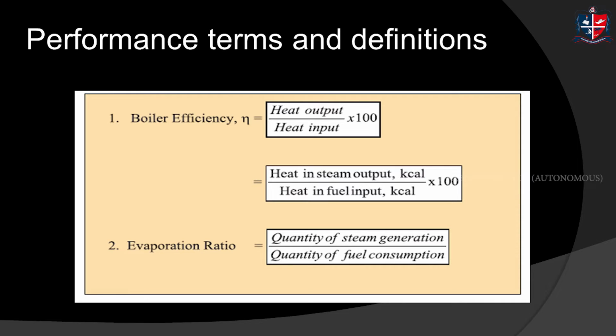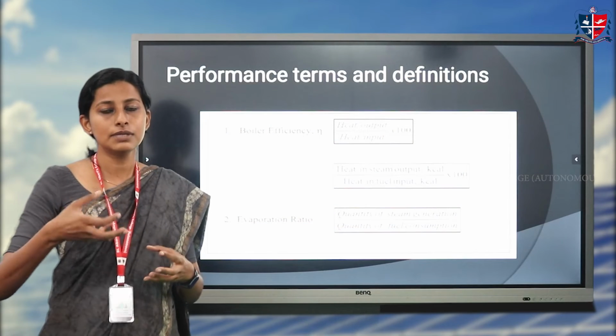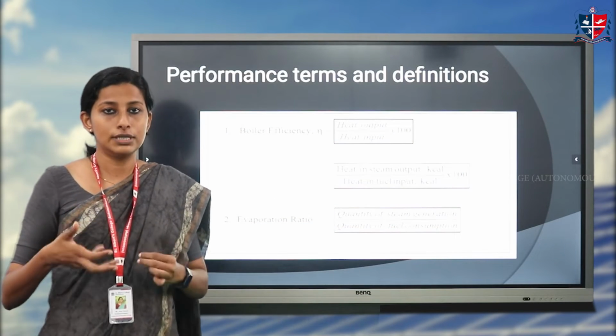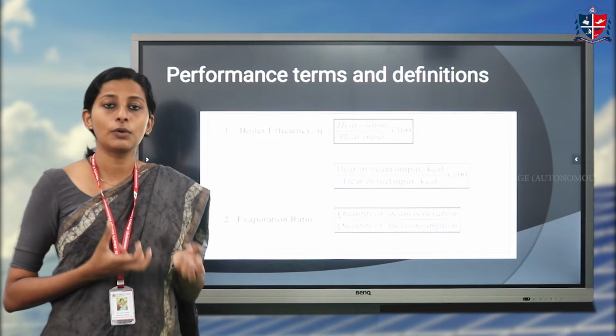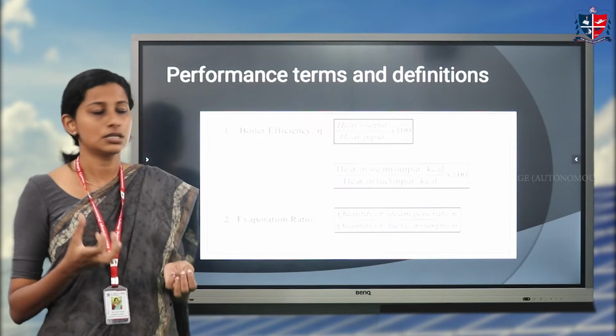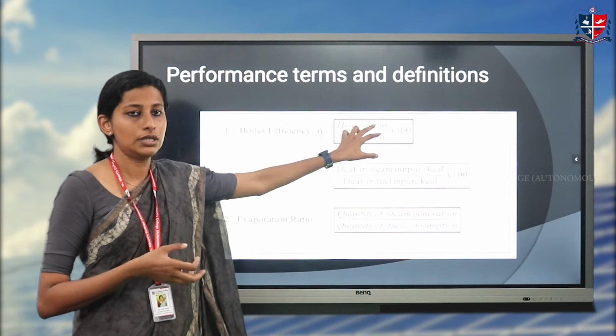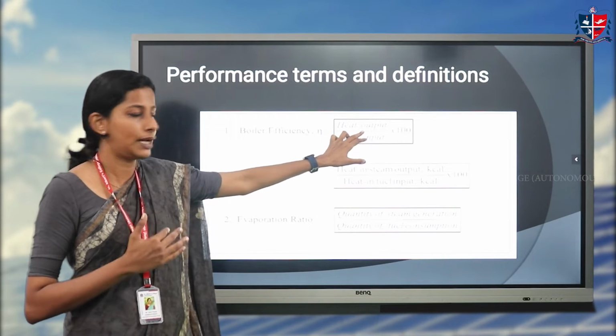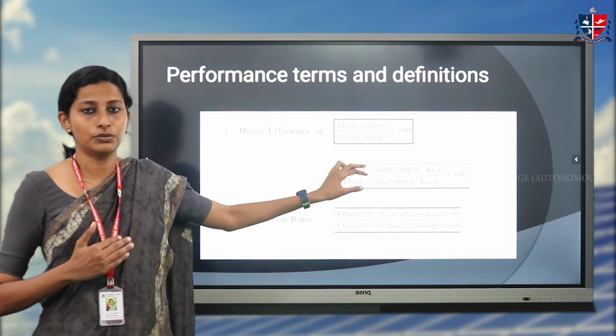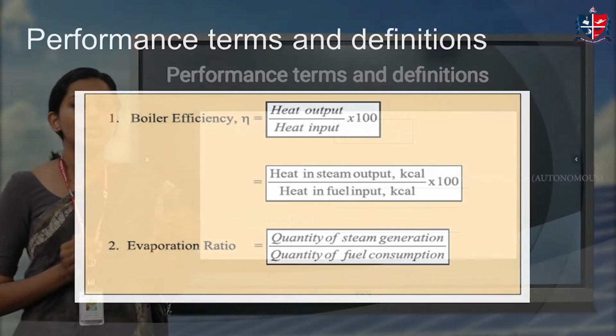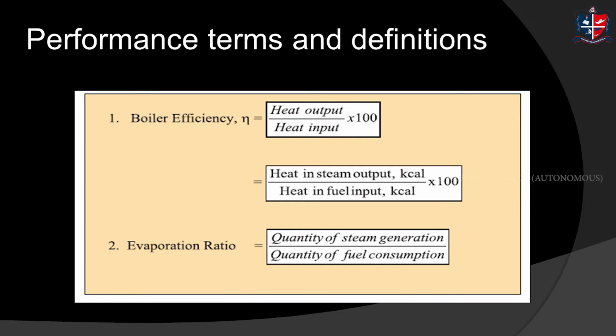So when we come to a boiler, what is the output of a boiler? A boiler generates steam, or it could even be boiled water. So the steam is the output. We need to measure the quality of the steam. How can we measure it? We measure the heat in it. So the heat in the output is the output parameter. Next is the heat input. What is the input in a boiler? We are giving fuel to boil the water, so fuel is the input.